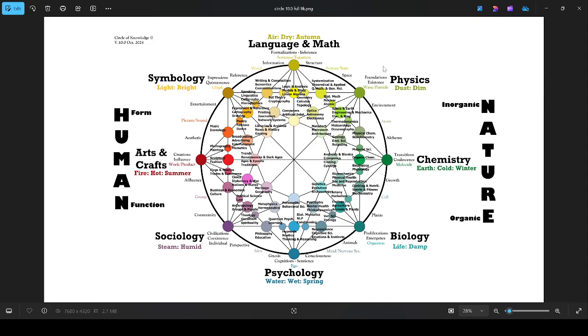And that was part 1. I talked about physics, chemistry, biology, psychology, sociology, arts and crafts, symbology, language, and math. And that's it. And those topics, placing them 8, spaced evenly around the circle, 1/8 each, and why they're where they are.